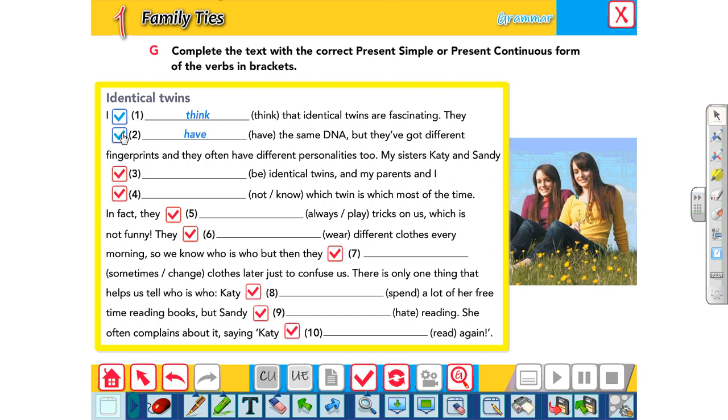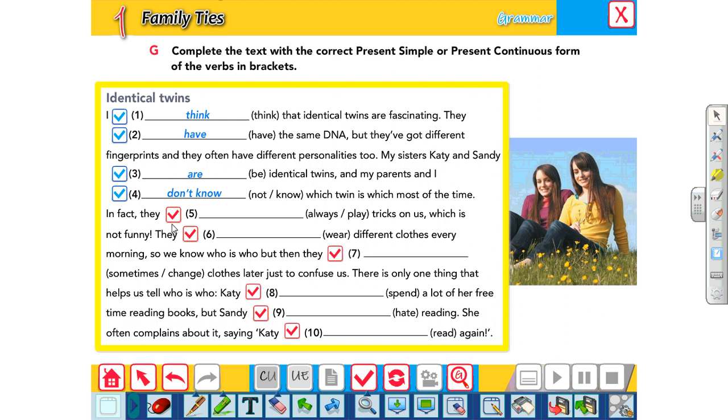Sure, permanent. Have. But they have got different fingerprints. My sisters Kathy and Sandy are identical twins. Are, excellent. And my parents and I don't know which twin is which. Present simple or continuous? Don't know. Excellent.